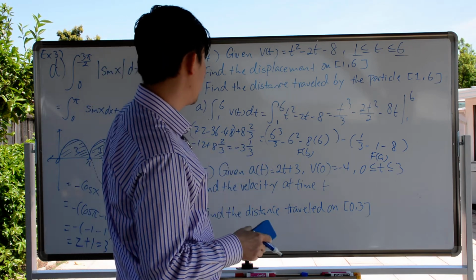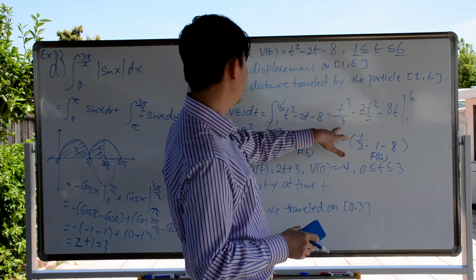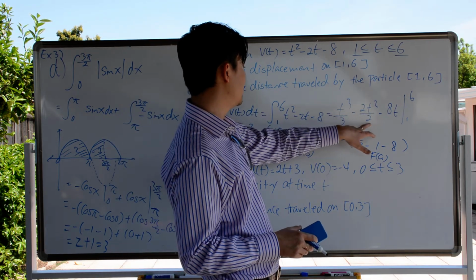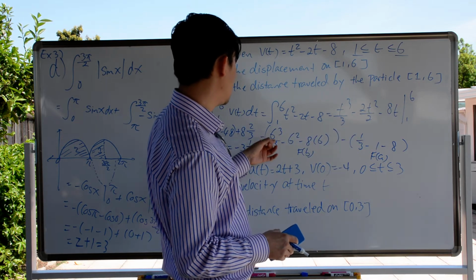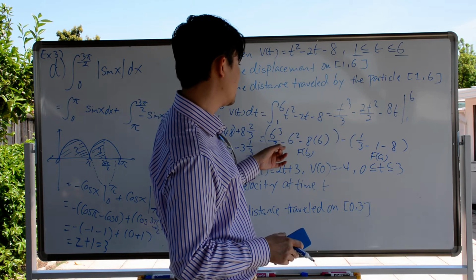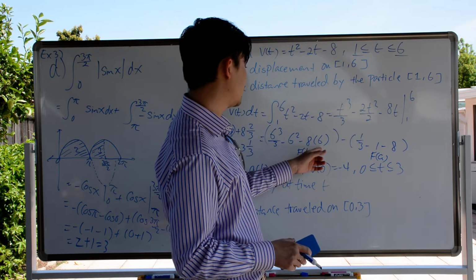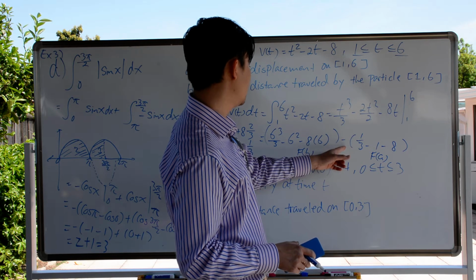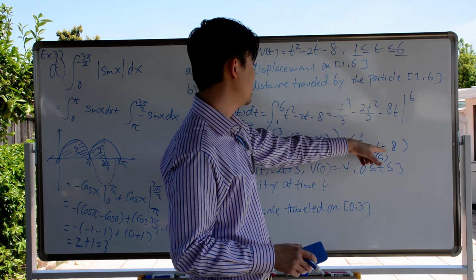So just check one thing real quick, making sure that this one is right. Integral, so t to the power of 3 over 3 minus 2t squared over 2 minus 8t from 1 to 6. So 6 cubed over 3 minus 6 squared, the 2 got canceled, minus 8 times 6. And then minus 1 over 3 minus 1 minus 8.